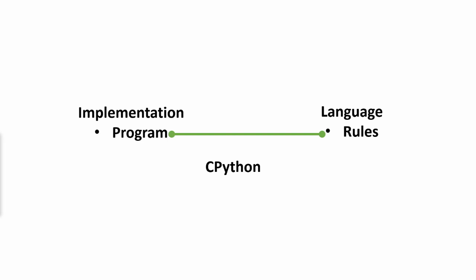Now, there are other different implementations out there. So for example, Jython is Python implemented on top of the programming language Java. Okay, and there's IronPython, which is written on the programming language C#. And as you can tell, this one, CPython, is written on top of the programming language C. Sometimes you'll hear software developers use the phrase "under the hood," which means that what you see is Python, but under the hood running your engine is actually C in our particular case.